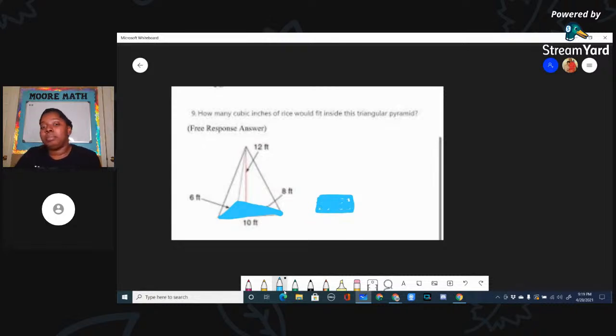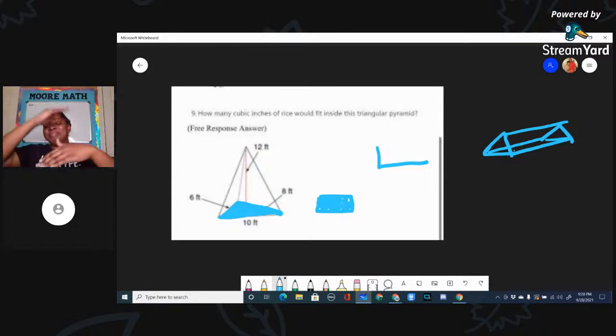And then for the prism, if you look at this, pretend I can draw. Around it are rectangles. I wish I had these shapes to show you, but they're a triangular prism. They're rectangles on the side.